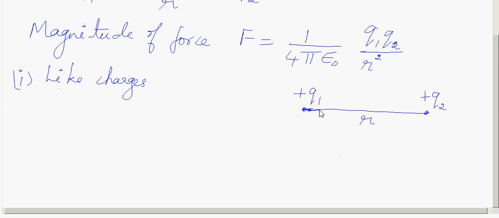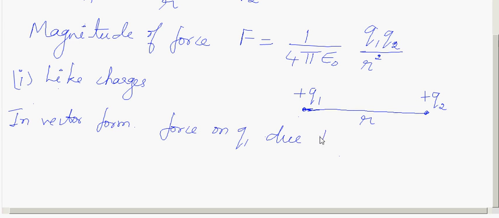In vector form, force on q1 due to q2 can be written as F12.